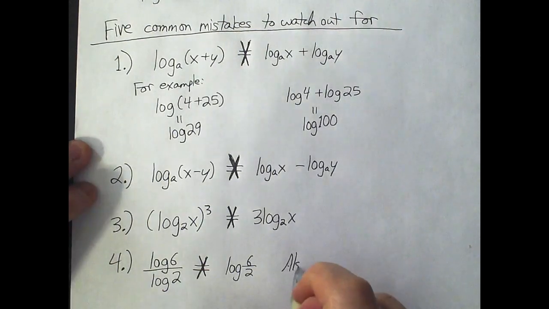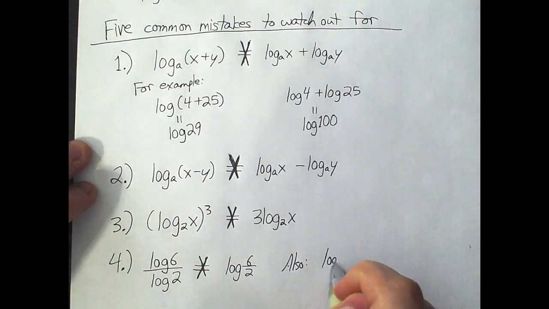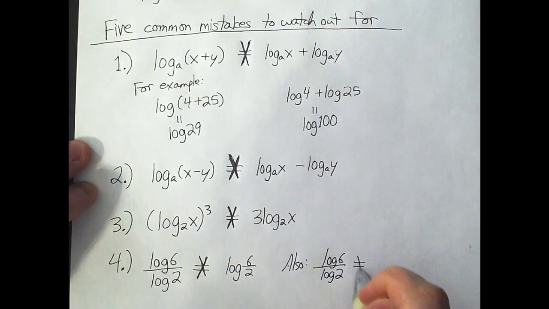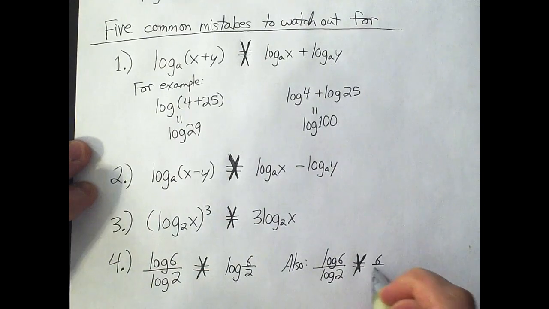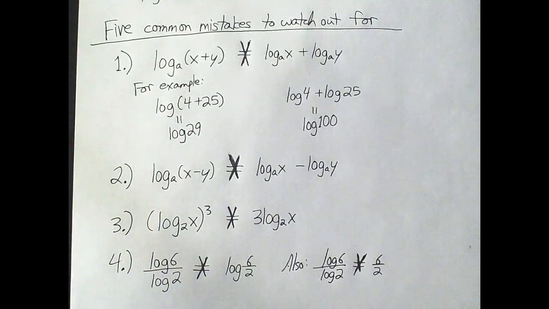Also, log 6 over log 2 does not equal 6 over 2. You can't just cancel log over log. It looks like you see a log and another log and you just want to cross them out, right? You can't do that because log is not a number. We can cancel a number divided by itself, but we can't cancel a function. That's a log of 6, log of 2. So it would be wrong to cancel them out.